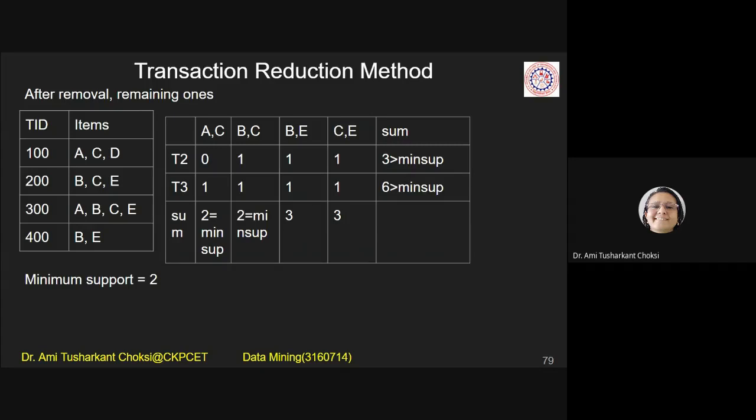Fine. Now what we should do is go ahead with three item set, isn't it? What is written here after removal, the remaining ones, right? You can say, ma'am, here 1 plus 1 plus 1, this is 3. Okay, fine, but this is 1 plus 1 plus 1 plus 1. So it is 4 only. So why are you writing it as 6? See, whatever is remaining, that only I am putting here.